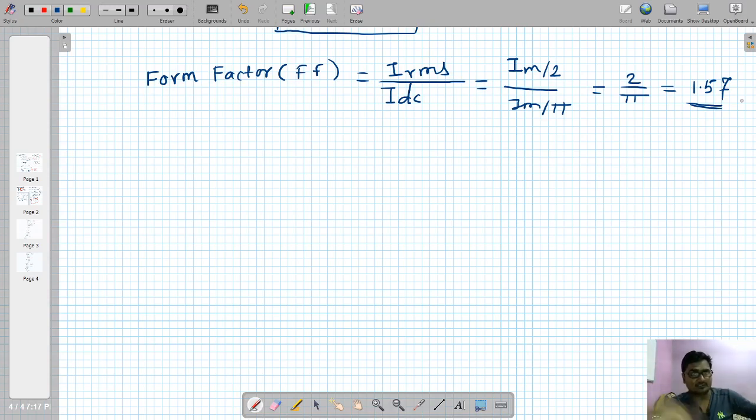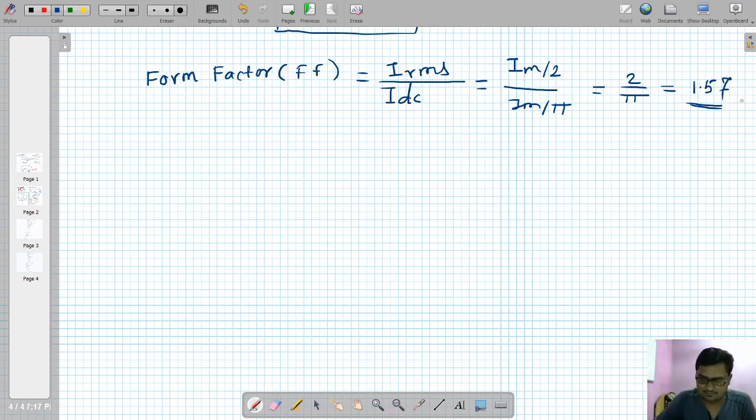That's why generally people don't include this form factor, because people get confused between form factor and ripple factor, because both have an RMS value and average value ratio. But it is quite different. In case of ripple factor, what we have is the RMS value of the AC component. Here I am considering the RMS value of the complete waveform. So this is form factor.